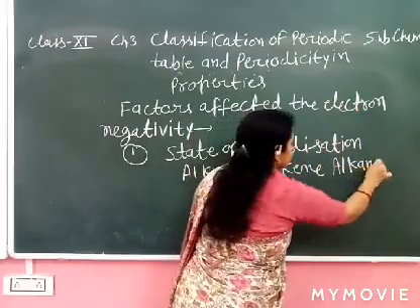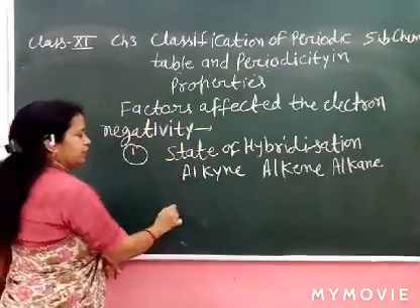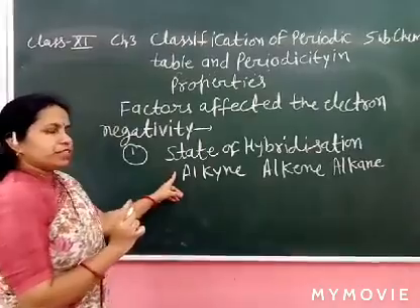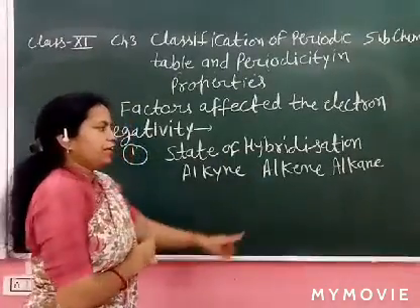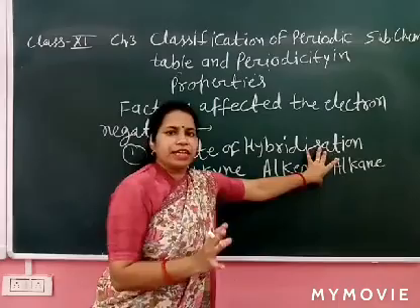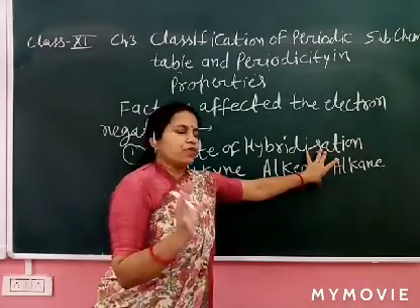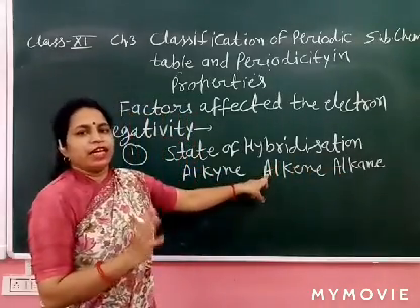This is an example from organic chemistry. Alkyne means unsaturated, alkene unsaturated, alkane saturated. When all single bonds are present in a hydrocarbon, it is an alkane. When a double bond is present, alkene.